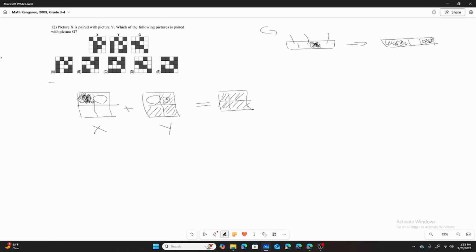We can't eliminate B, we can't eliminate C, right? B and C are potentially the answer. We can eliminate D, right? Because these two squares here are white. E is a contender. Let's continue.